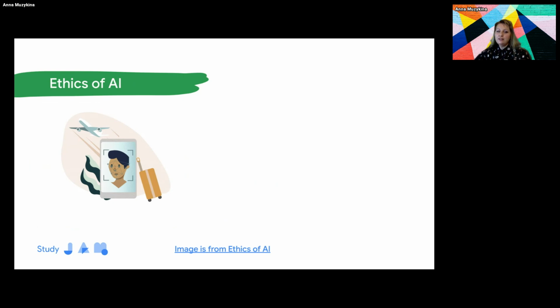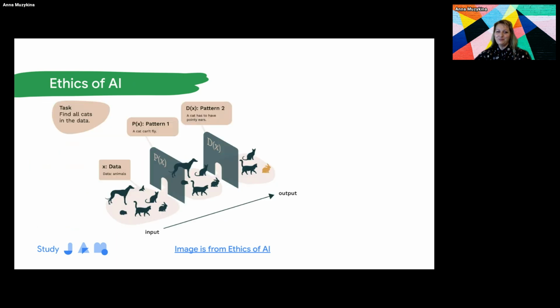Accountability is another one. If something goes wrong, we need to be able to figure out why and who's responsible. And of course, trust. People are more likely to accept AI if they understand how it works. But there are some risks too.